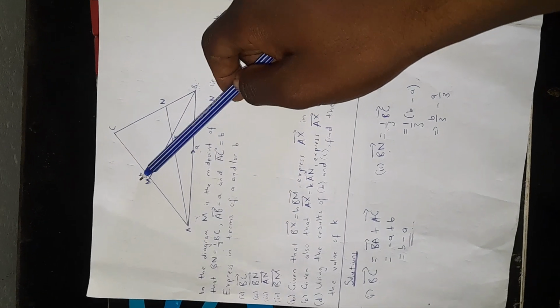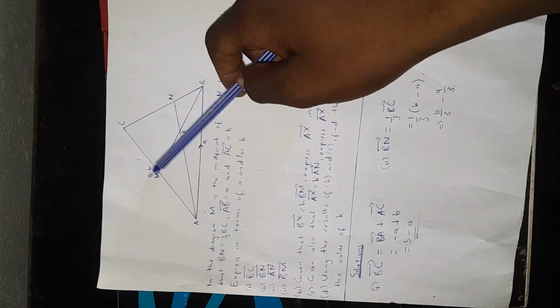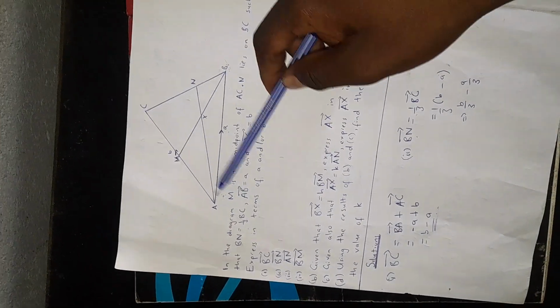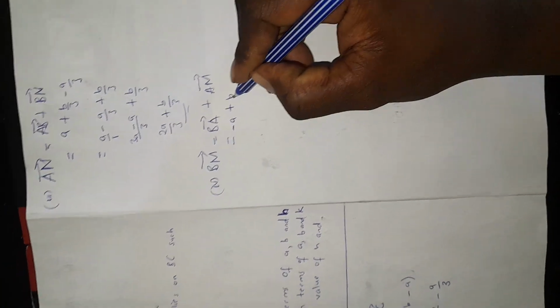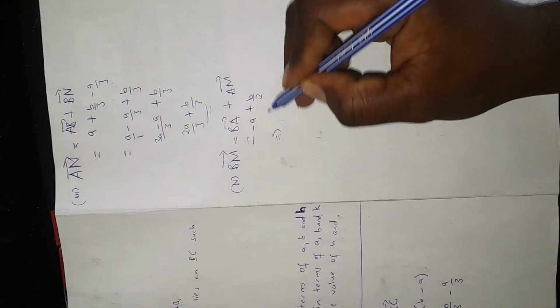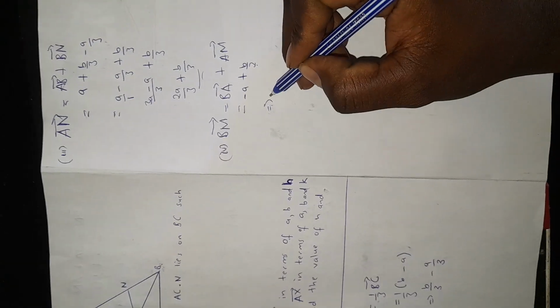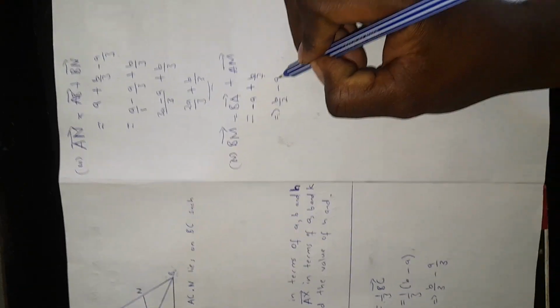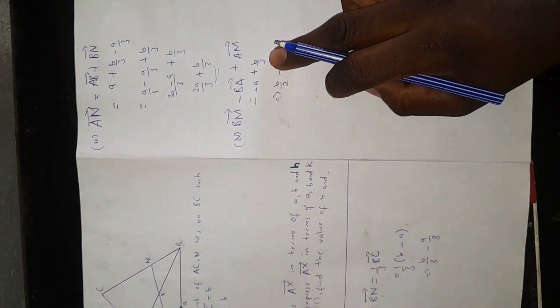So it will be B over 2. B is representing this whole distance. So our answer, we start by writing the positive B over 2 minus A. This is our answer for BM.